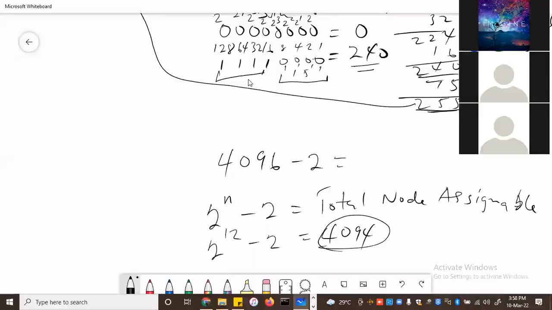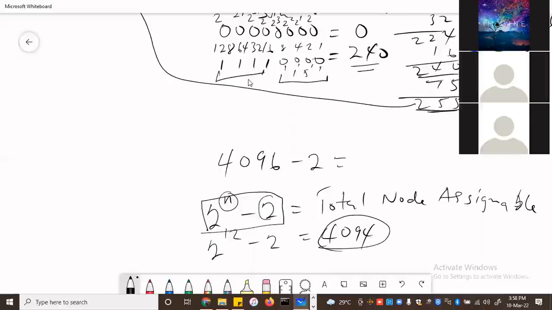Did you all get that? So this is the formula for calculating the number of assignable node IP addresses for a given subnetting question or scenario that you might have. It's always 2 raised to the number of node bits that you're going to be using, minus 2.